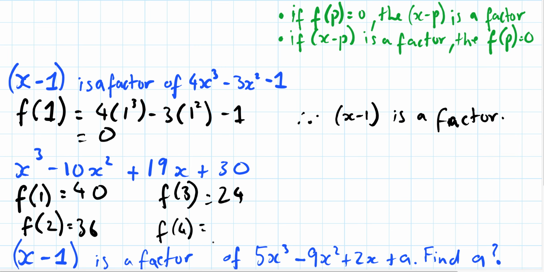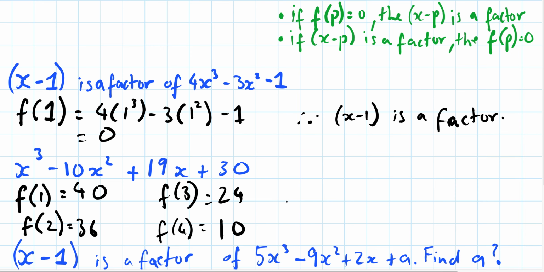Let's see. 64 minus 160, add 19, 38, 57, 76. That gives me 10.